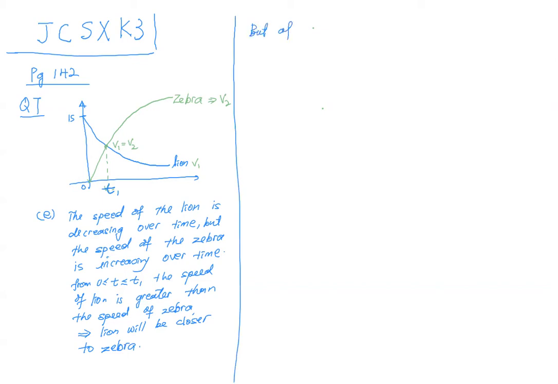After T1, the speed of the lion is less than the zebra.